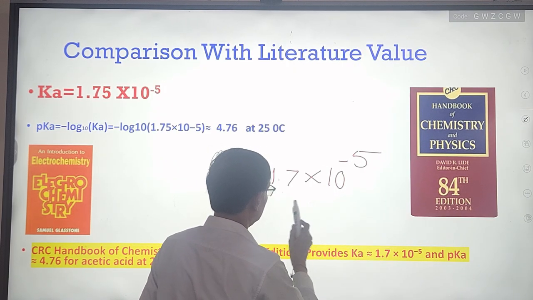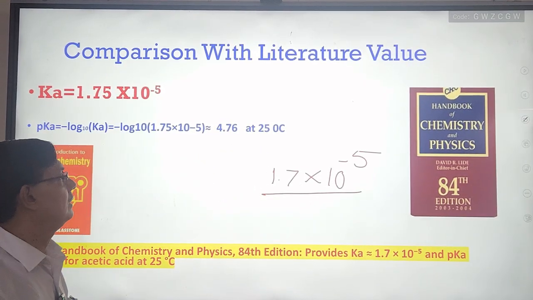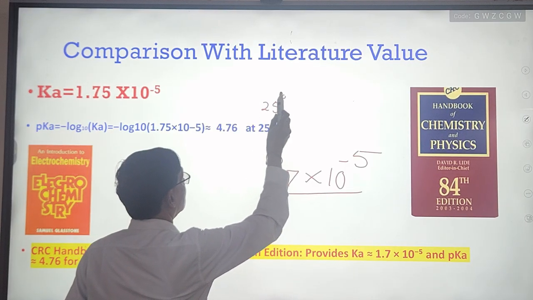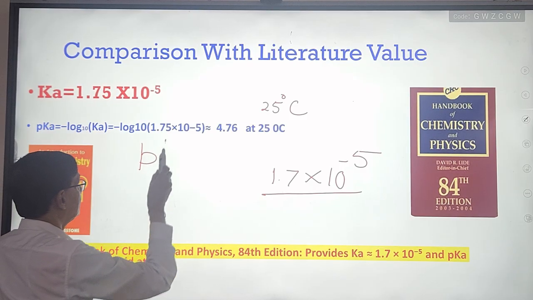Of course, sometimes in an examination or in practical, they can ask you the calculation of pK of acetic acid.